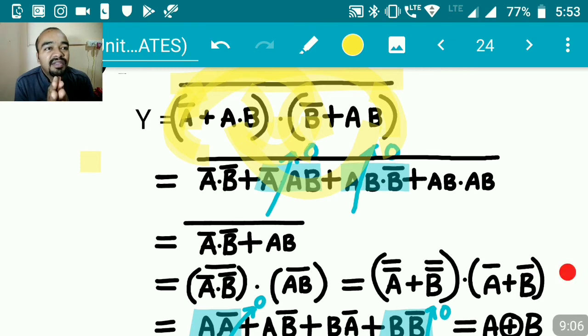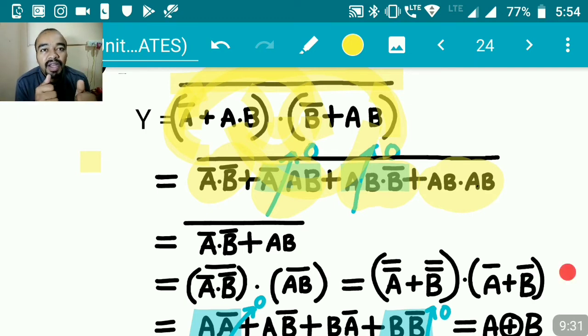First we get a bar b bar, the second term is a bar into ab, next we have ab into b bar, and then ab into ab. Let us solve them using rules.